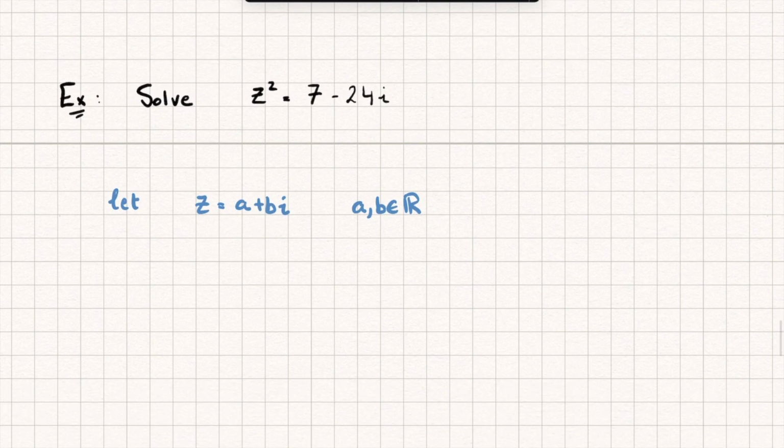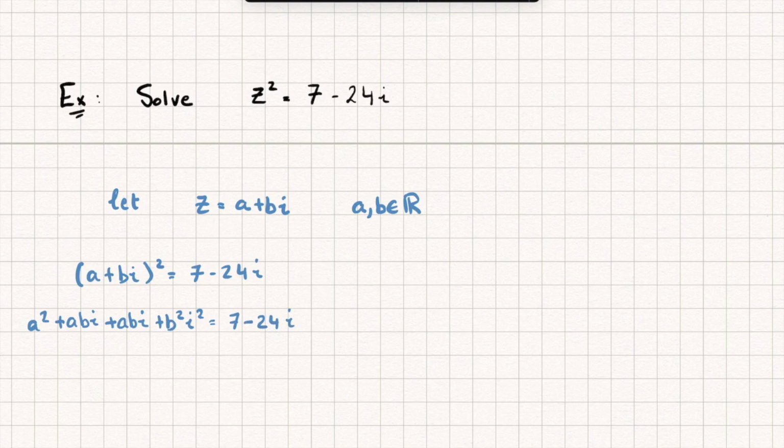Because we know z can be written in this way, let's substitute that into this equation. So we get (a plus bi) all squared is equal to 7 minus 24i. Let's now expand the left hand side, and we get a squared plus abi plus abi plus b squared i squared, which is equal to the right hand side.